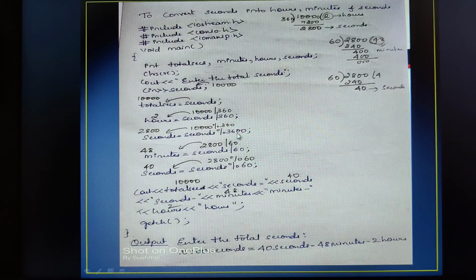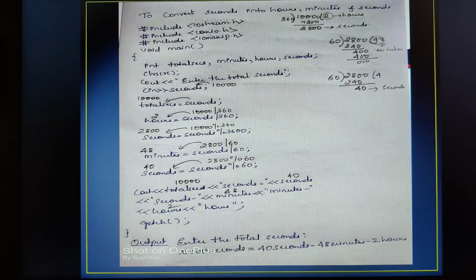This is the correct one. When you do the division, mod means the same division, but since it is a modulus operator, I need to consider the remainder. What is the remainder? 2800. So 2800 seconds are placed in the variable known as seconds.